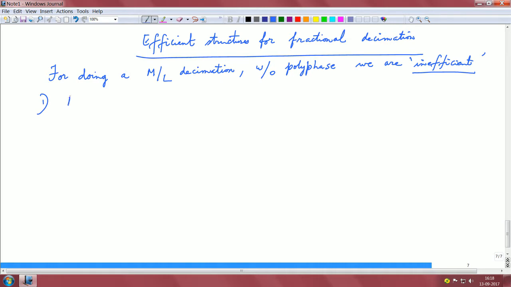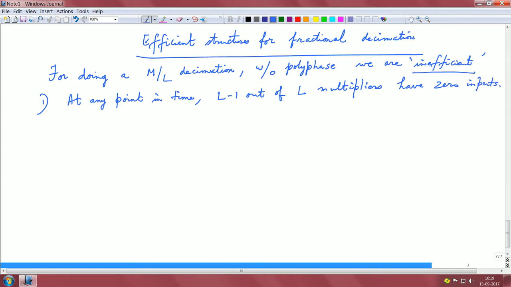Why? At any point in time, L minus 1 out of L multipliers have 0 inputs, that means we are just filtering these zeros.